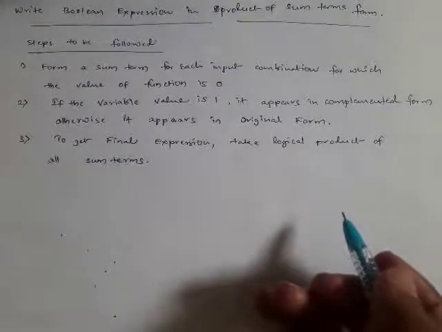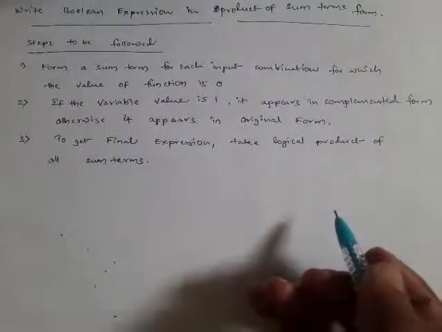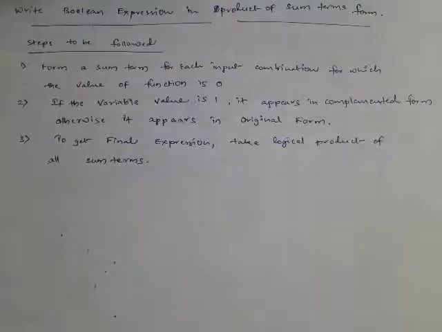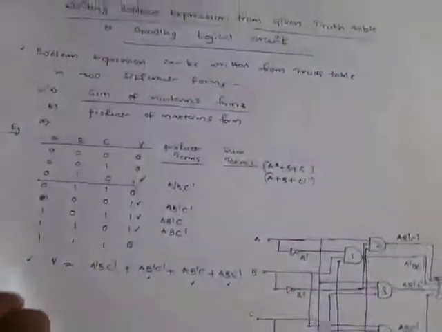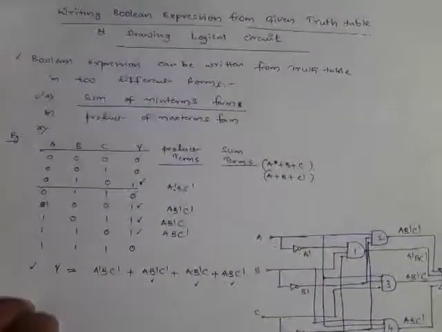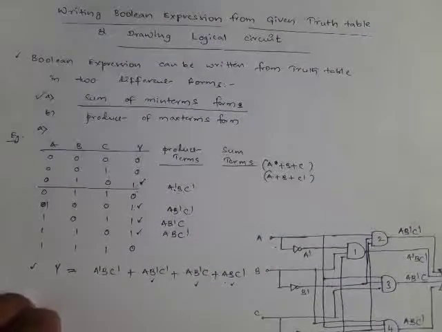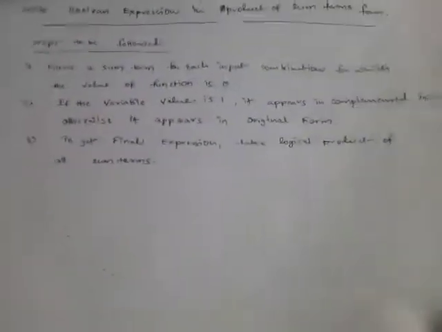To get the final expression, we will take the logical product of all sum terms. We will illustrate this with an example that we have written previously, and we'll repeat that once again.